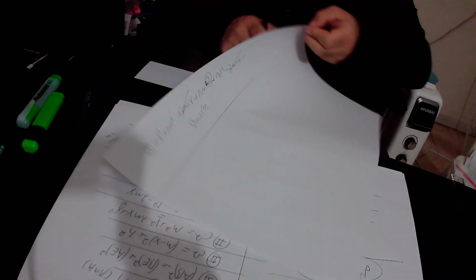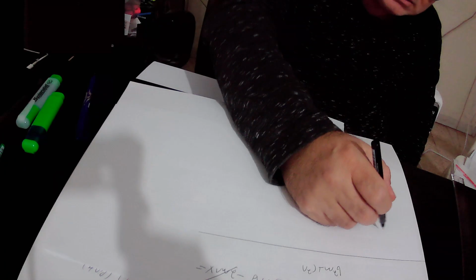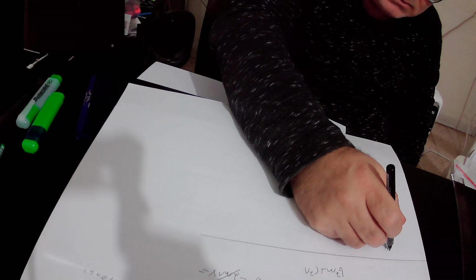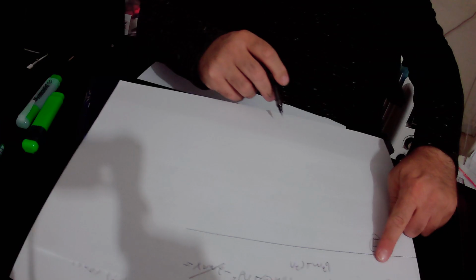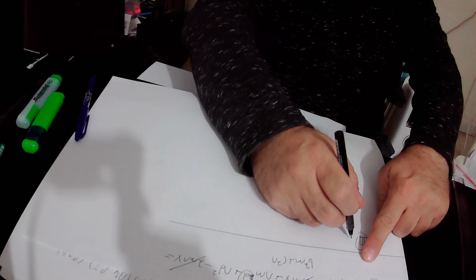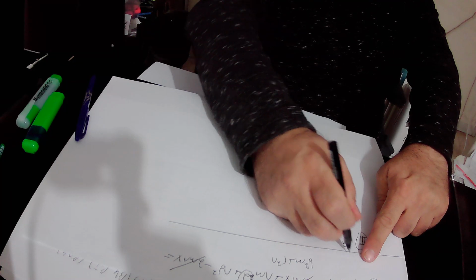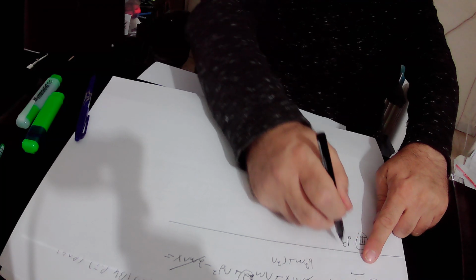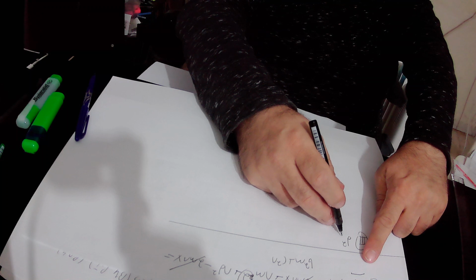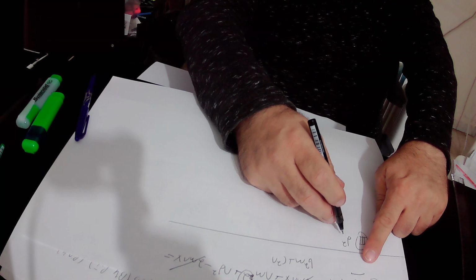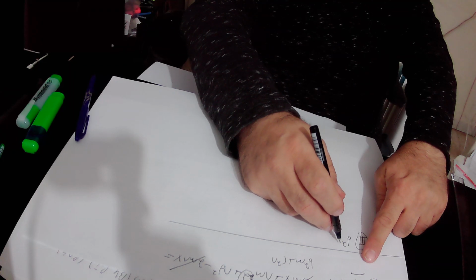So what is left from equation number 3 after we cancel the two expressions? Here, we take d squared as a common factor. So here we have md squared. What is left from md squared after we take d squared as a common factor?